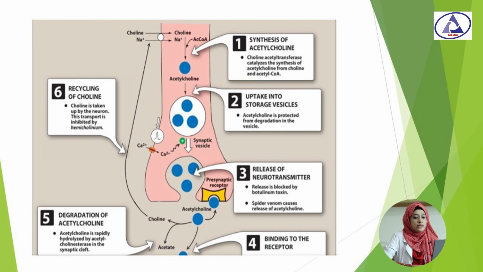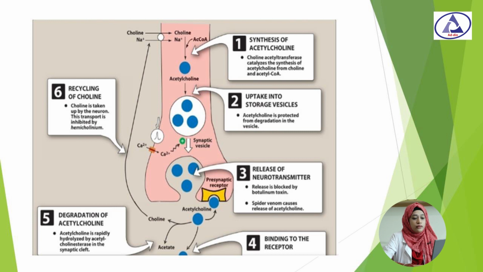Another diagram shows the synthesis, storage and release of acetylcholine, and its degradation. Acetylcholine is synthesized by the enzyme choline acetyltransferase, which catalyzes the synthesis of acetylcholine from choline and acetyl-CoA.